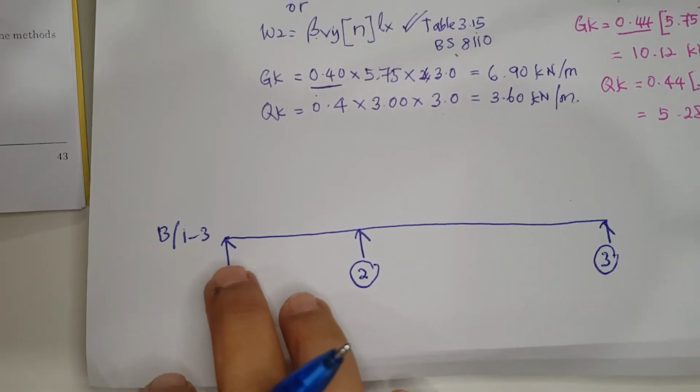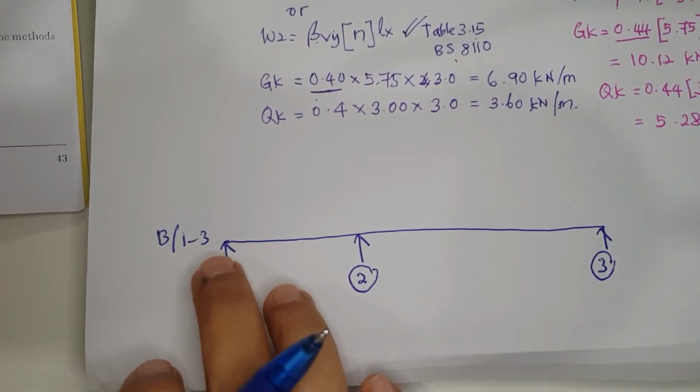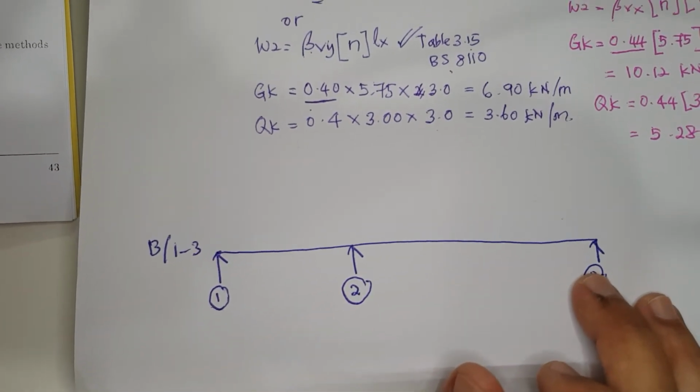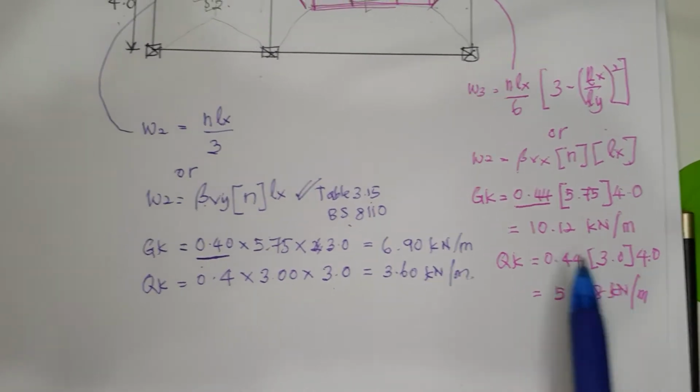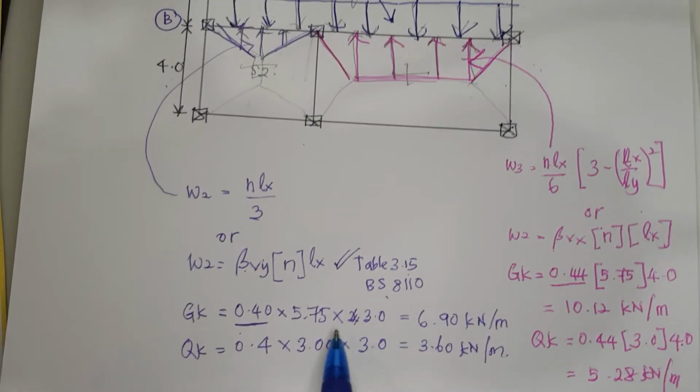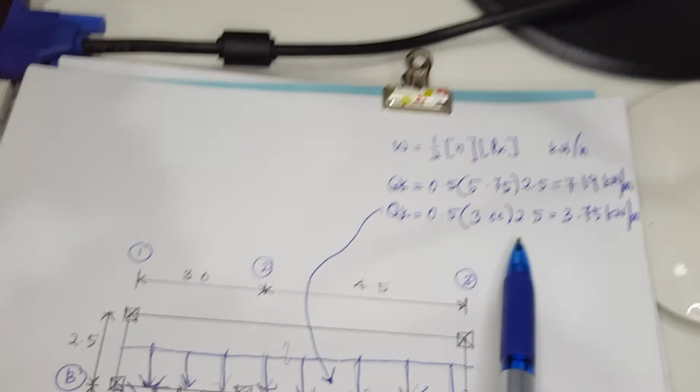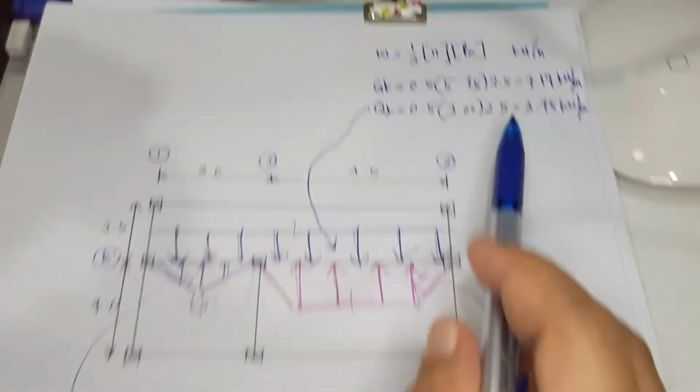So this beam receives load from slab as calculated here. This is floor number 3, this is floor number 2, and this is floor number 1.